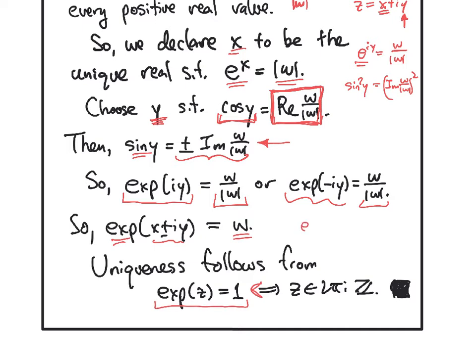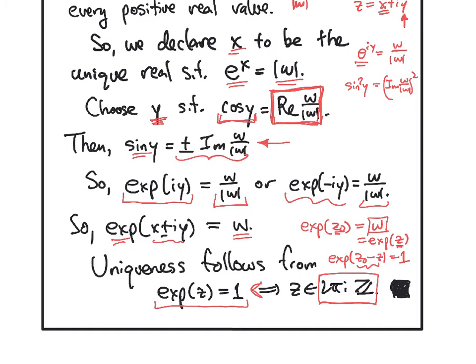Because if I have one inverse image, say z naught, exp of z naught gives me w, and I already found a different one, well, then exp of z minus z naught is 1, so this difference has to be 2 pi i times an integer, and then as we already remarked, if I add 2 pi i times an integer to a given preimage, it still gives me a preimage.